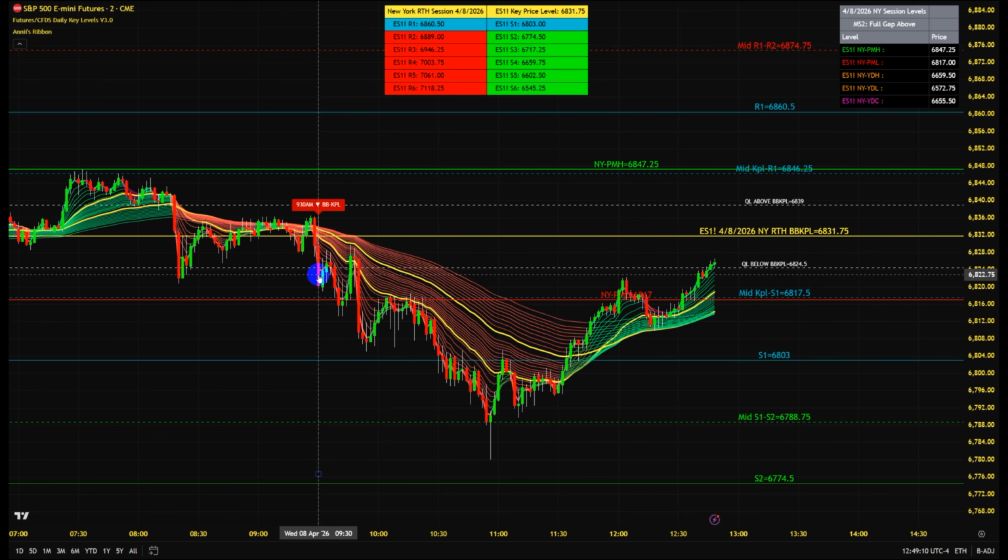It is all red. If it was part green and part red, then there would still be no trade because what you're looking for is confluence between the two indicators. You're looking for the candle close above or candle close below the specific key level in question, in this case the BBKPL in the 9:30 a.m. opening candle.